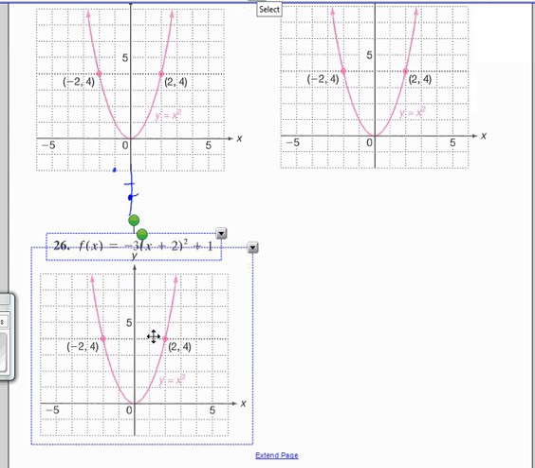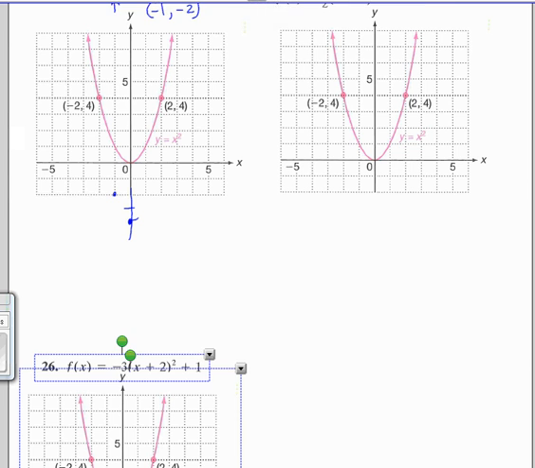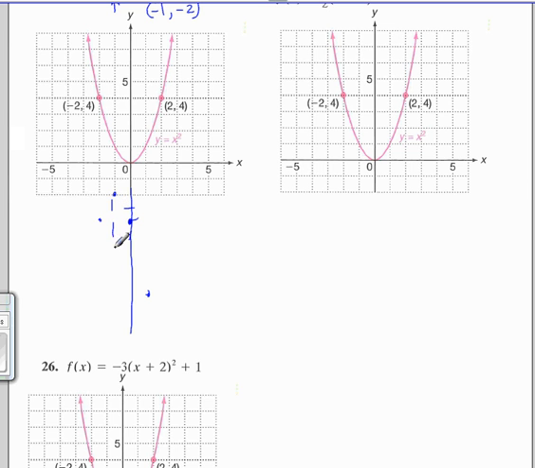Let me move this down so we have some room. So we'll go 2, 8 this way from the vertex. And then we'll have symmetry. So 1, 2, and then here the axis of symmetry is at x equals -1.